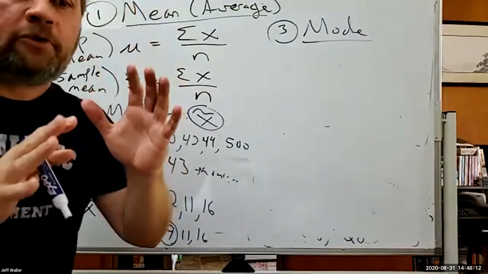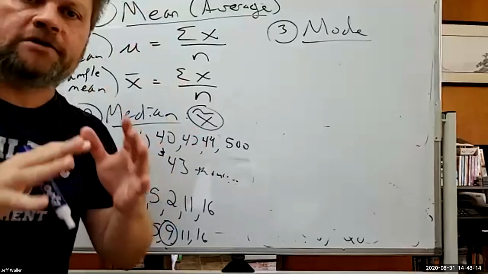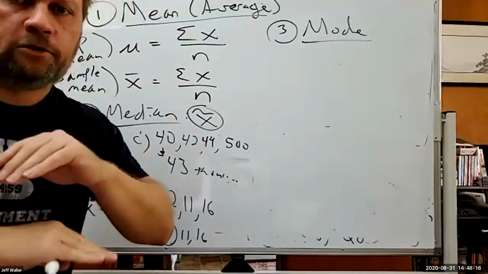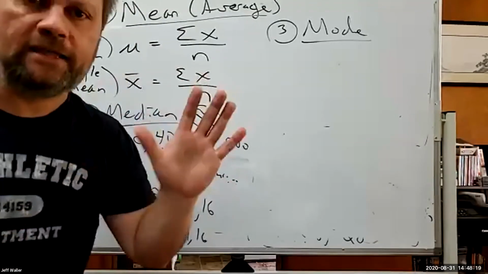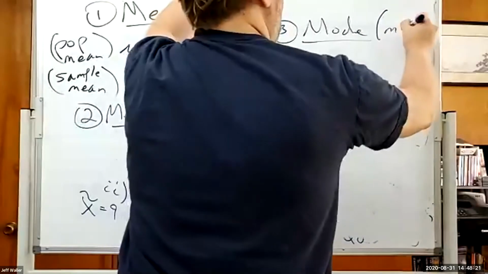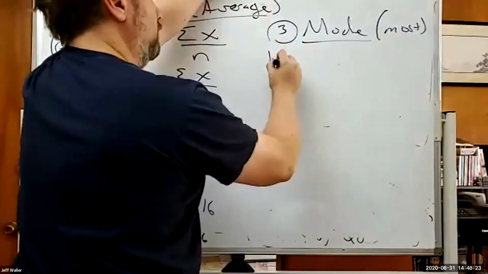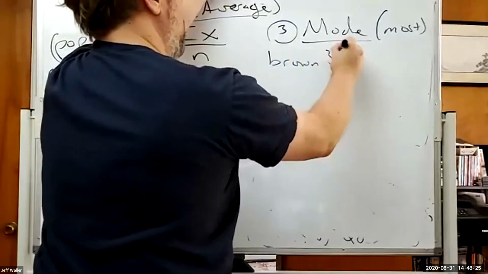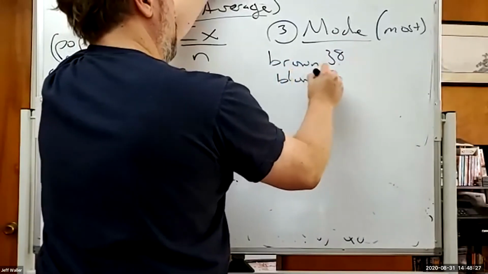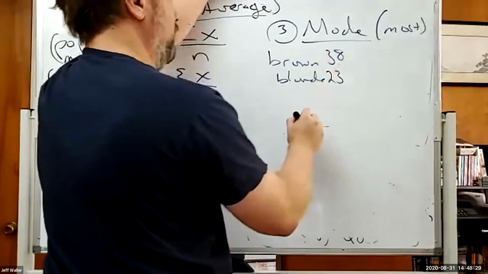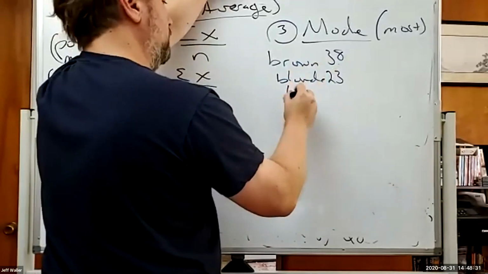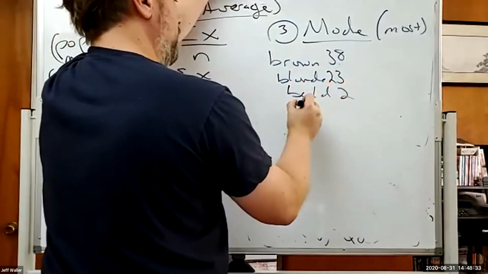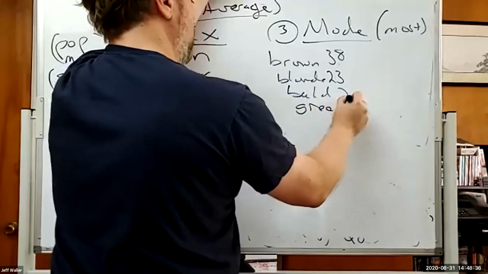The thing to remember with the mode is it's the thing that occurs the most. So it works with numbers, it works with not numbers. For example, if I look at a classroom and 38 people have brown hair, 23 people have blonde hair, 2 are bald, and 1 has green hair, and that's it.